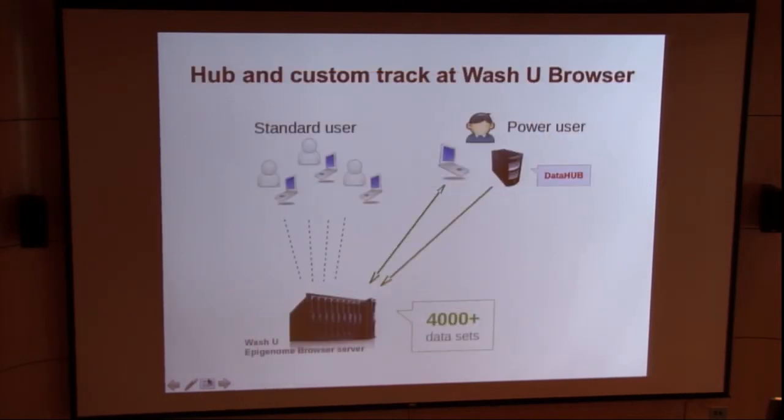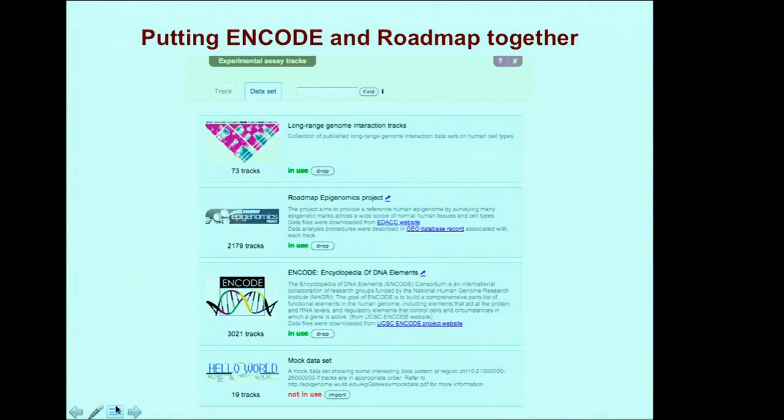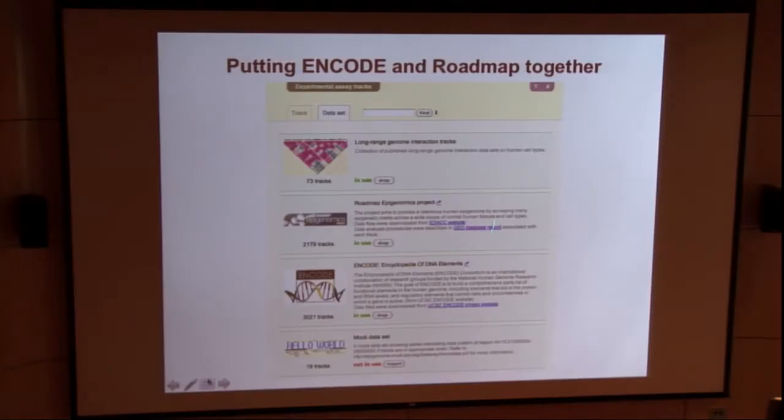We have implemented the same concept in the WashU epigenome browser, where the hub function and the capstone track function work this way. And now we can put all the Roadmap data, the long-range interaction data, ENCODE data, all together under this one umbrella, but as resources distributed out there in the community.